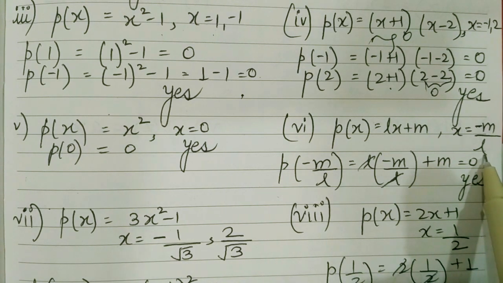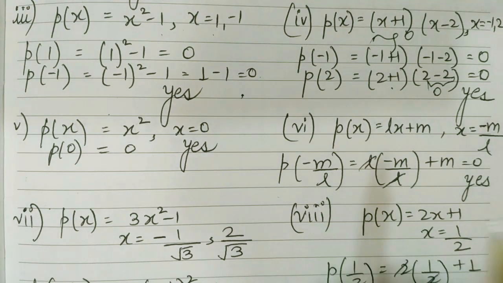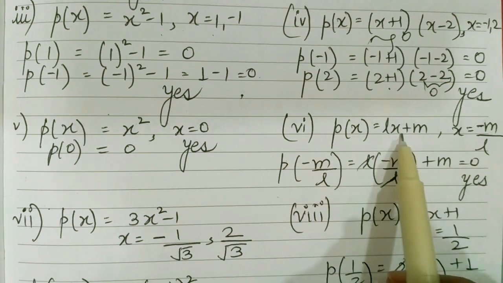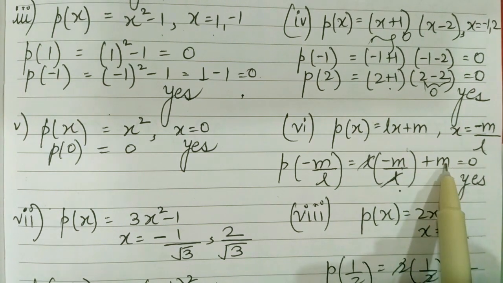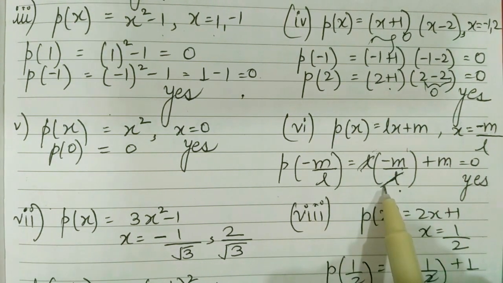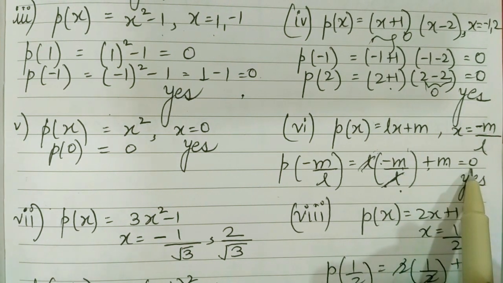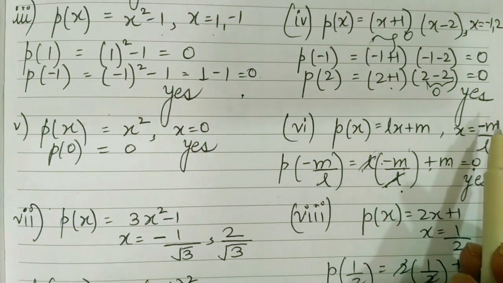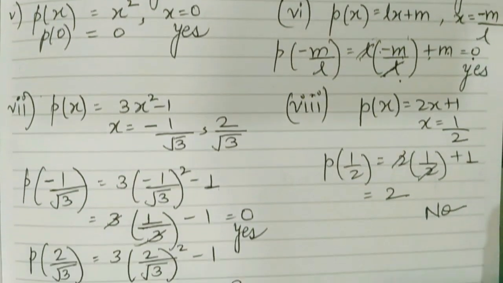When I put minus m by l in the given polynomial, what I get is l multiplied by minus m by l plus m. L cancels out, minus m plus m becomes 0.